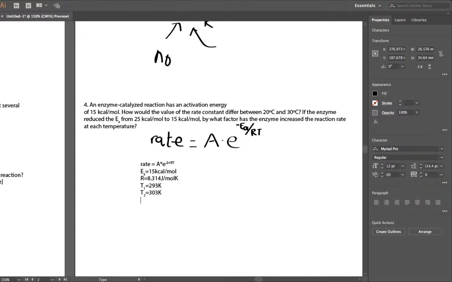So let's find what rate 2 divided by rate 1 would be.